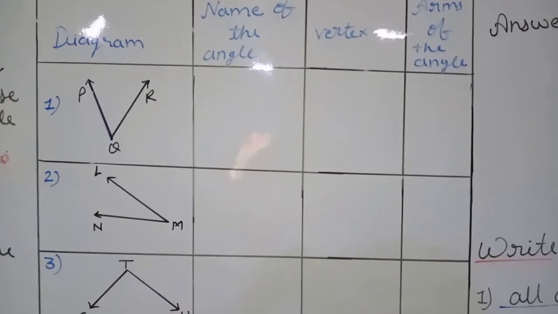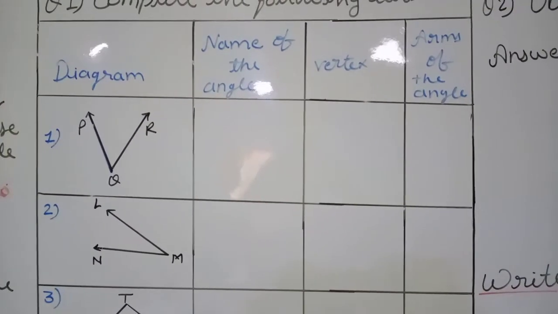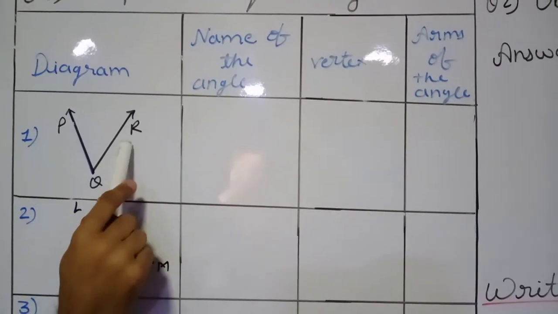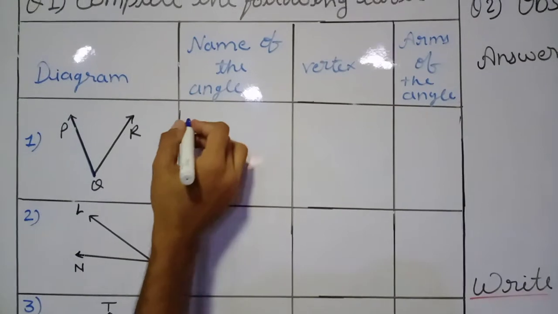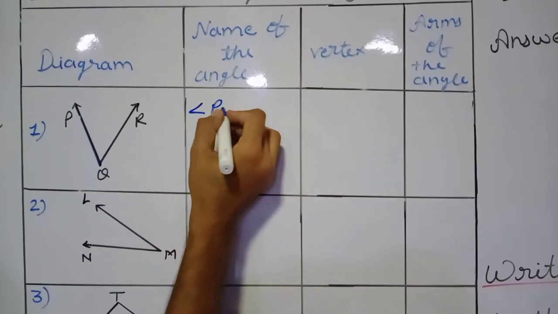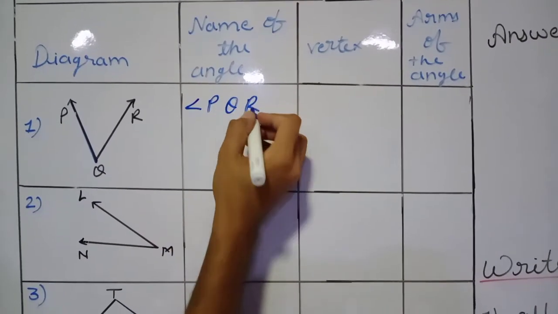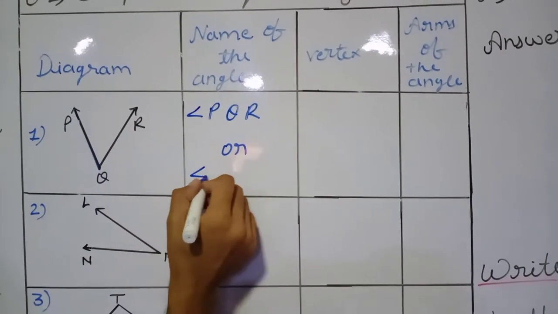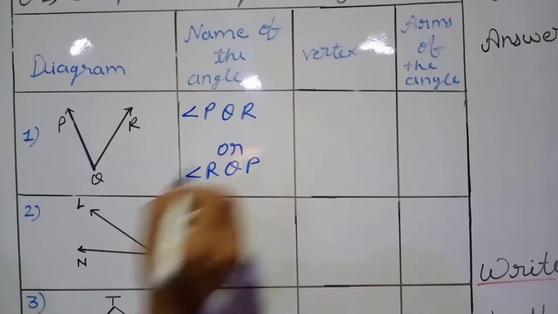So let's start. Angle PQR: for the name of the angle we use the angle sign, angle PQR, or we can write anti-clockwise, angle RQP.